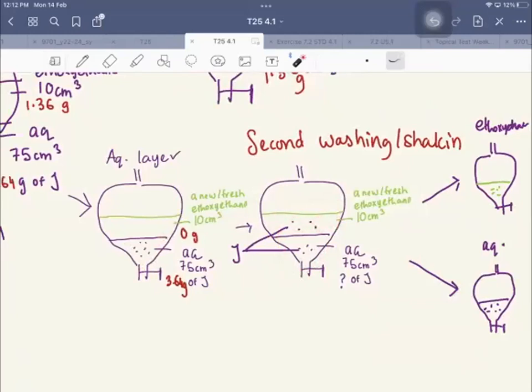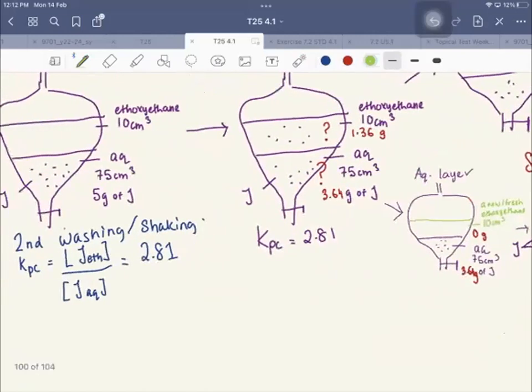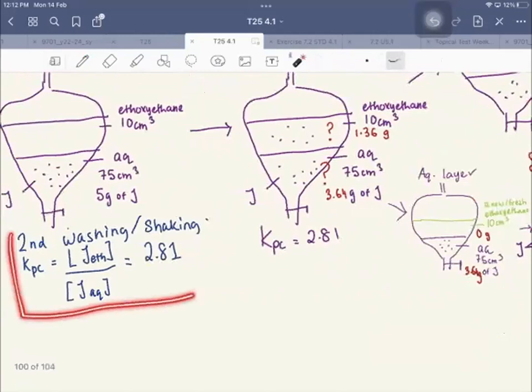So now I do not know how much of J there is in my ethoxyethane and how much in my aqueous layer. But what I do know is that the KPC, the ratio of partitioning, is still 2.81 because it is the same system.